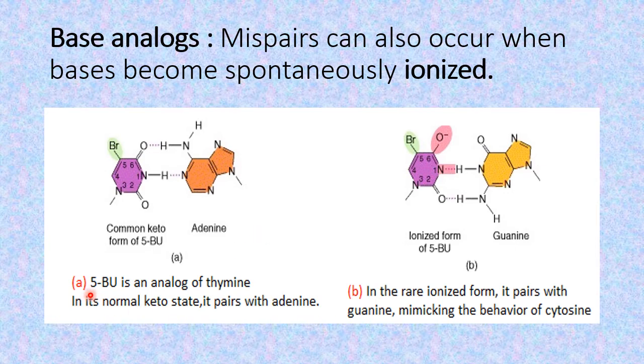That is, 5-bromouracil pairs with adenine like thymine in the normal keto state, but if it gets ionized, it will pair with guanine. That means in the next generation, the AT pair will be gradually replaced by the GC pair.